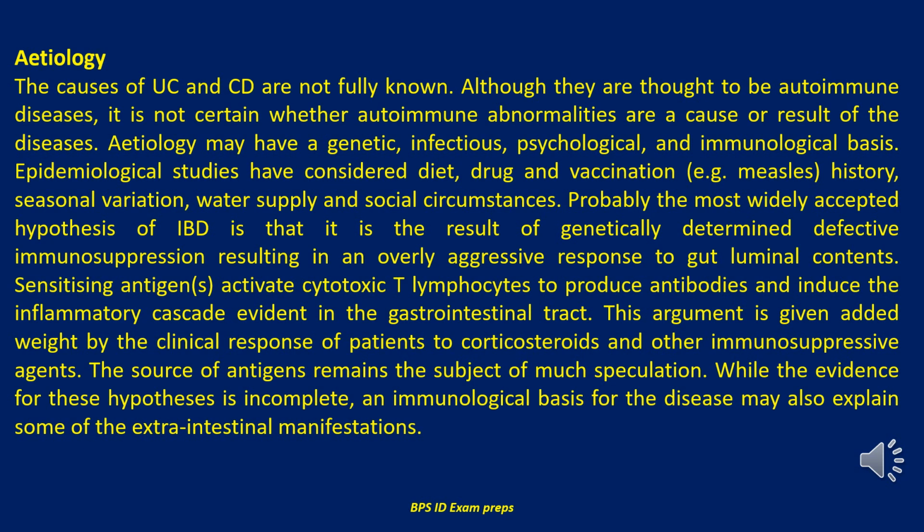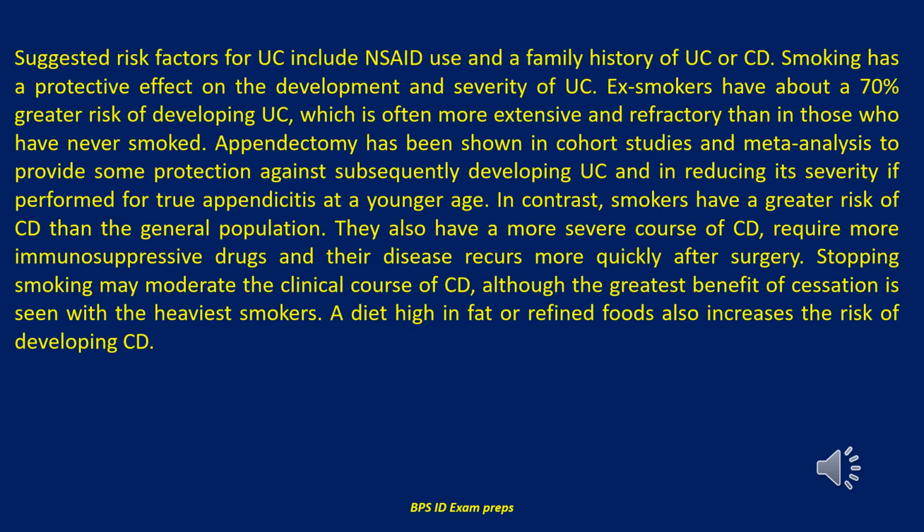While the evidence for these hypotheses is incomplete, an immunological basis for the disease may also explain some of the extraintestinal manifestations. Suggested risk factors for ulcerative colitis include NSAID use and a family history of ulcerative colitis or Crohn's disease. Smoking has a protective effect on the development and severity of ulcerative colitis.